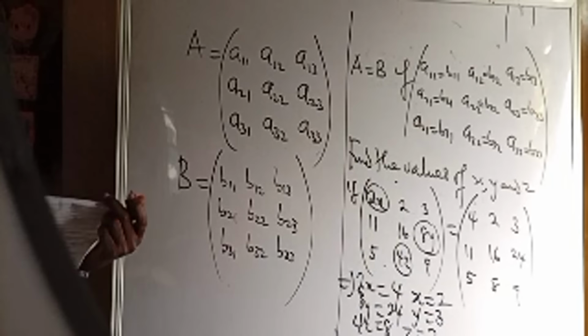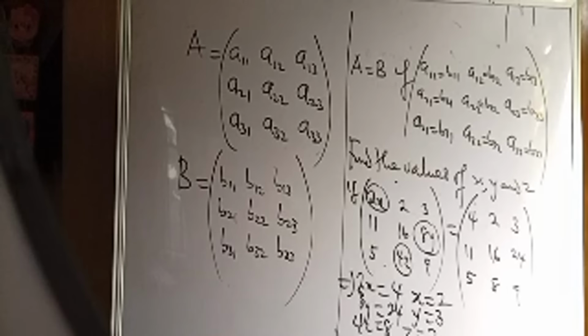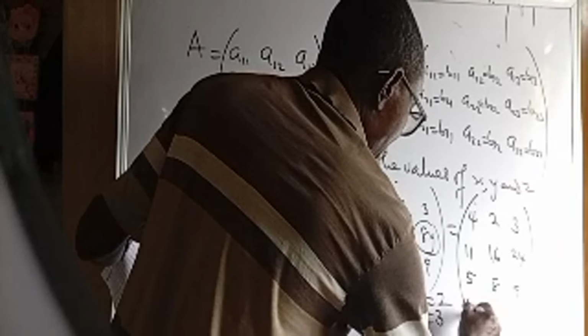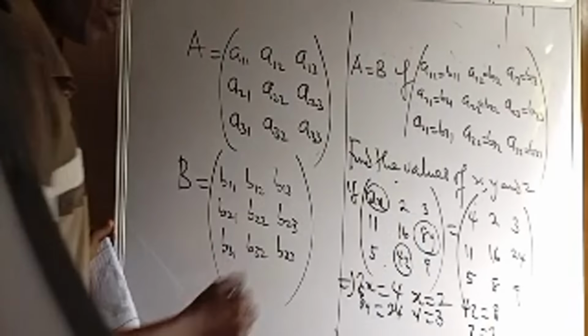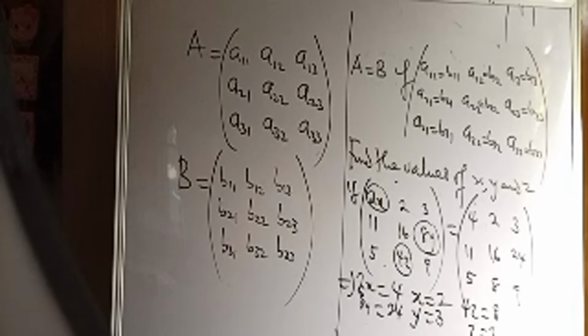Let me write this clearly: 4z is equal to 8, z is equal to 2. So x is 2, y is 3, and z is 2.